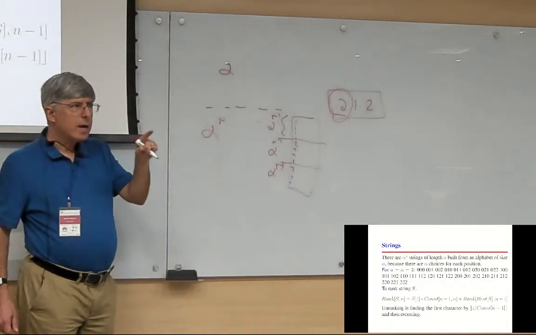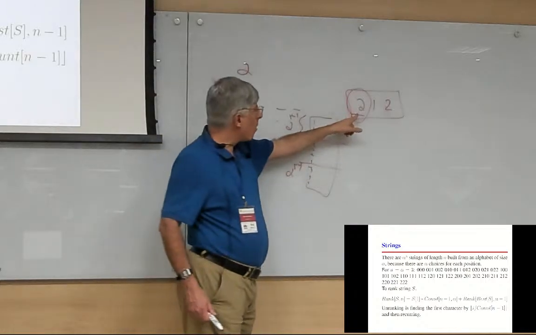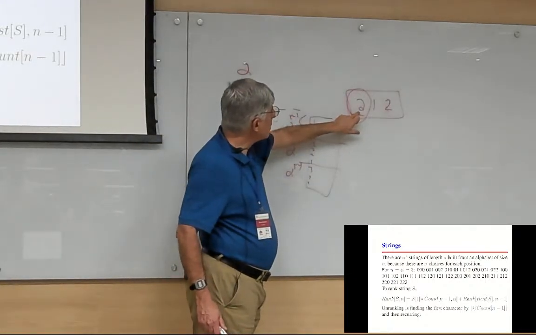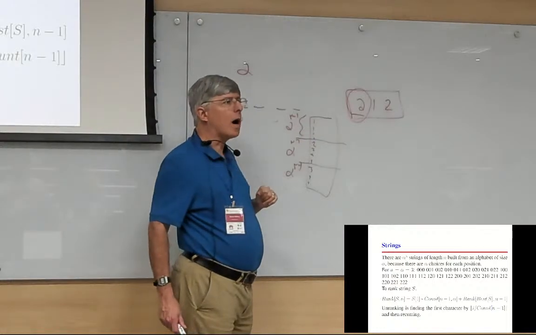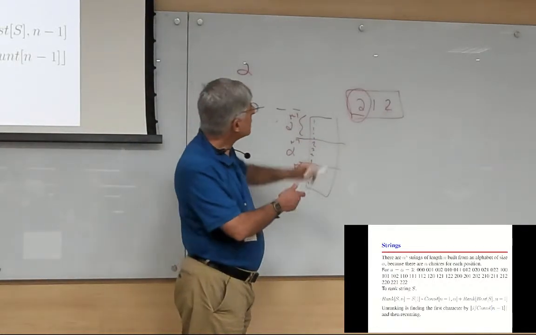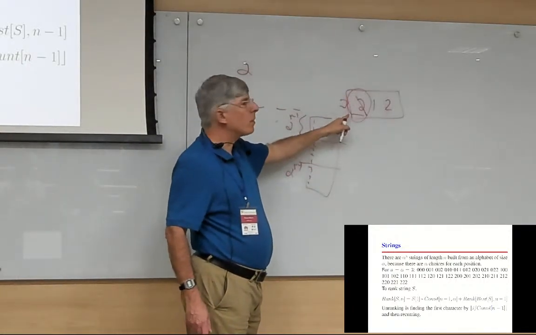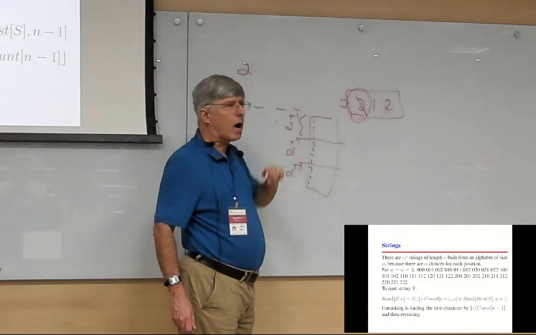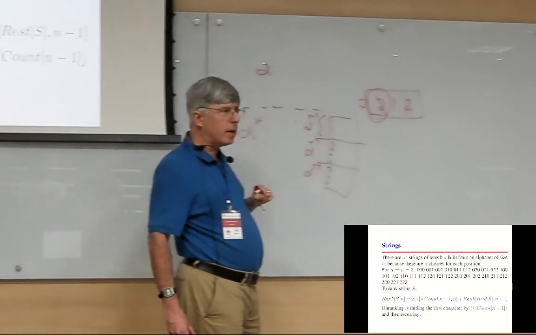Now, how do I rank this string? Well, what do I know? If the first character is 2, that means it is after the first chunk, right? If in fact the first character was 3, it was after the second chunk. So what is the rank of this going to be?